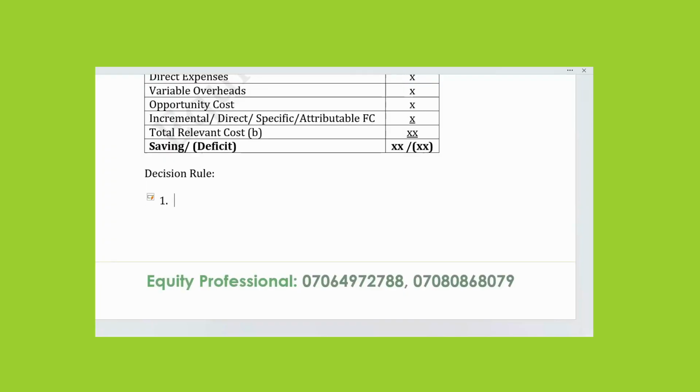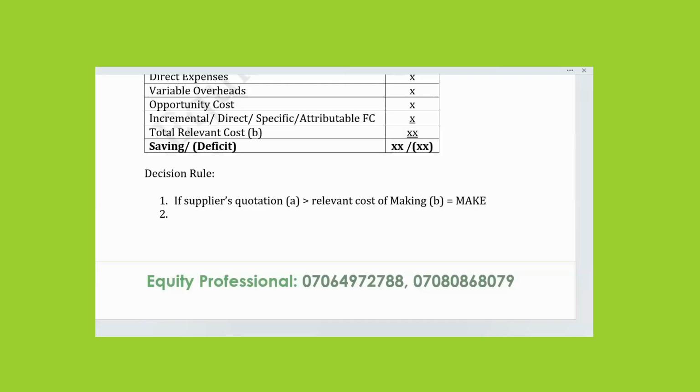Number one, if A, that is supplier's quotation, is greater than relevant costs of making, that is B, what are you supposed to do? You make.